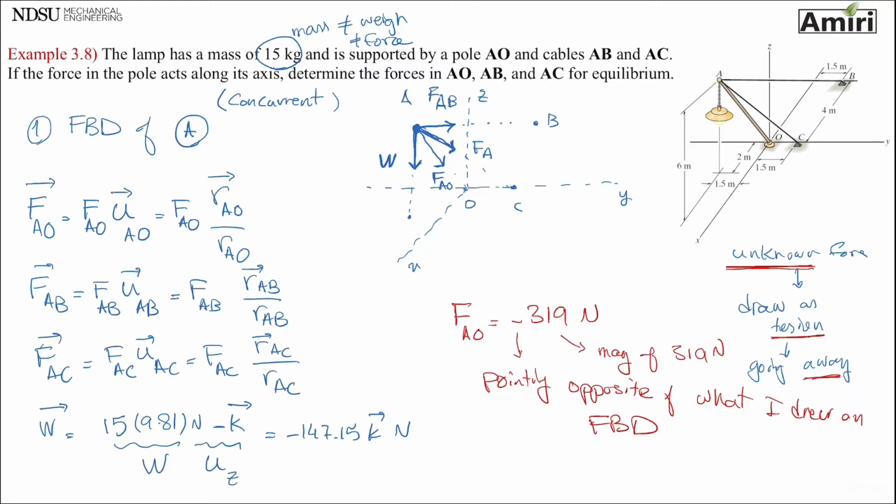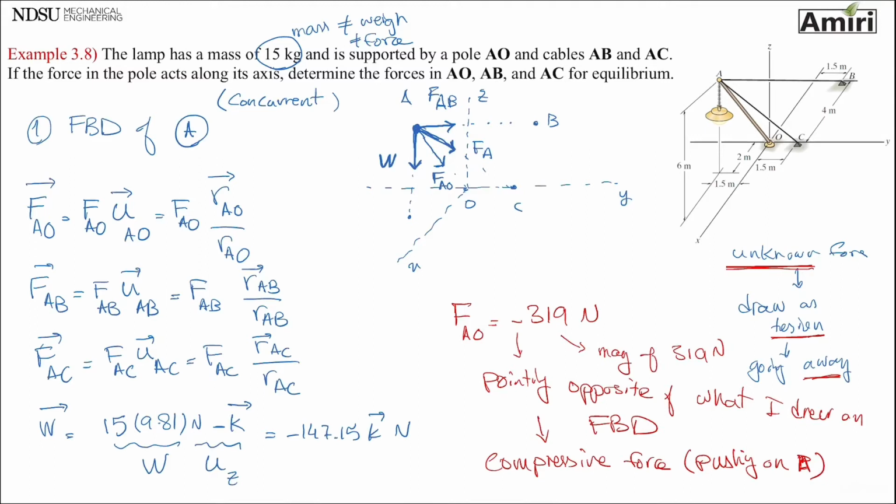So pointing opposite, I drew it as tension going away. So pointing opposite, that means it's a compressive force, meaning it's pushing on point A, which makes sense, and that's why probably they used a rod and not a cable.